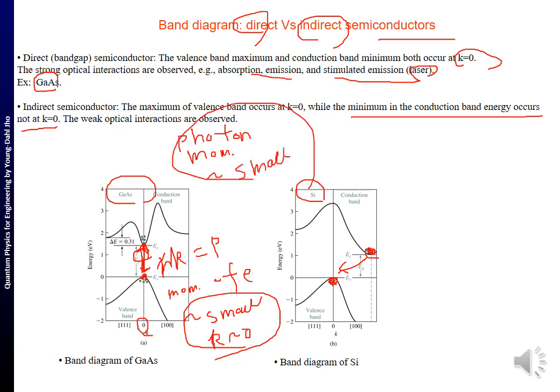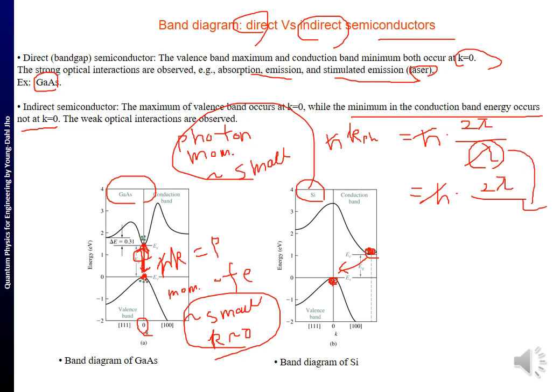Here we consider h bar k, where k is the photonic wave number. Then you should consider 2 pi over lambda. Lambda is the wavelength of photons, and in our conventional range of photons, for example the visible range, the wavelength of photons is usually on the order of like 700 nanometers.